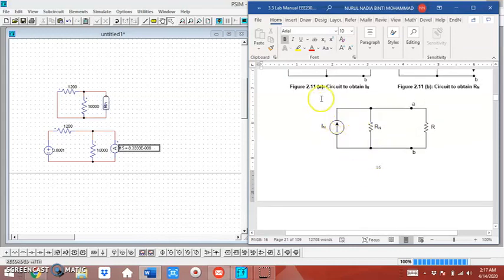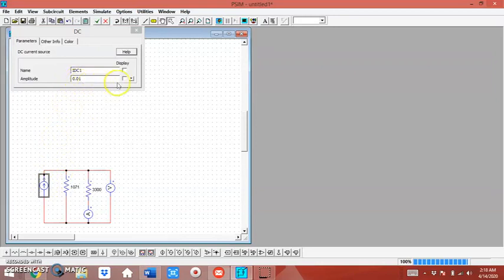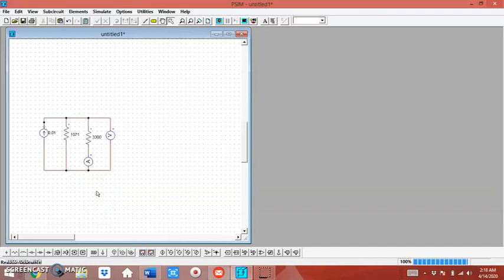You have IN, RN and R3, 3.3 kilo ohm. The IN we got just now is 0.01, so place the 0.01 as IN, then RN is 1.071 kilo ohm, and remain the R3.